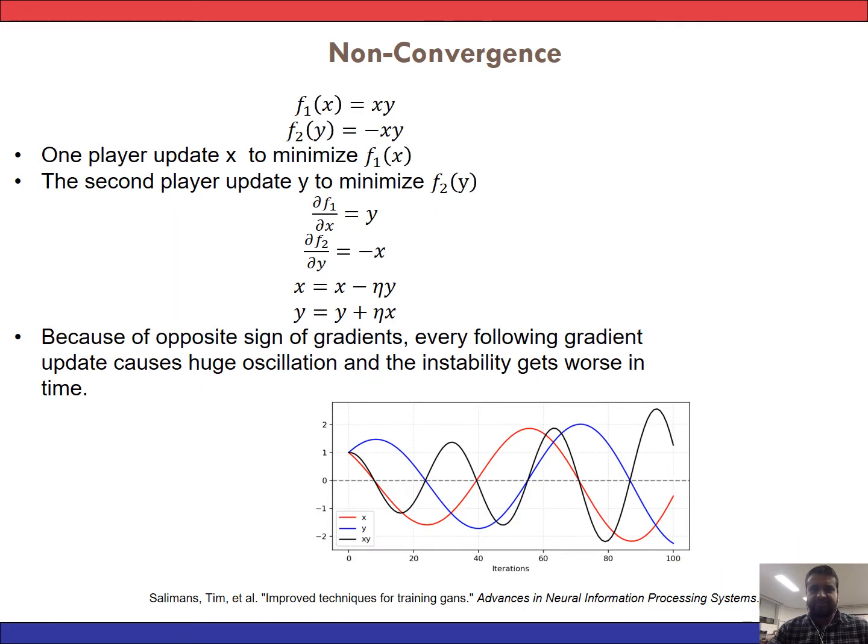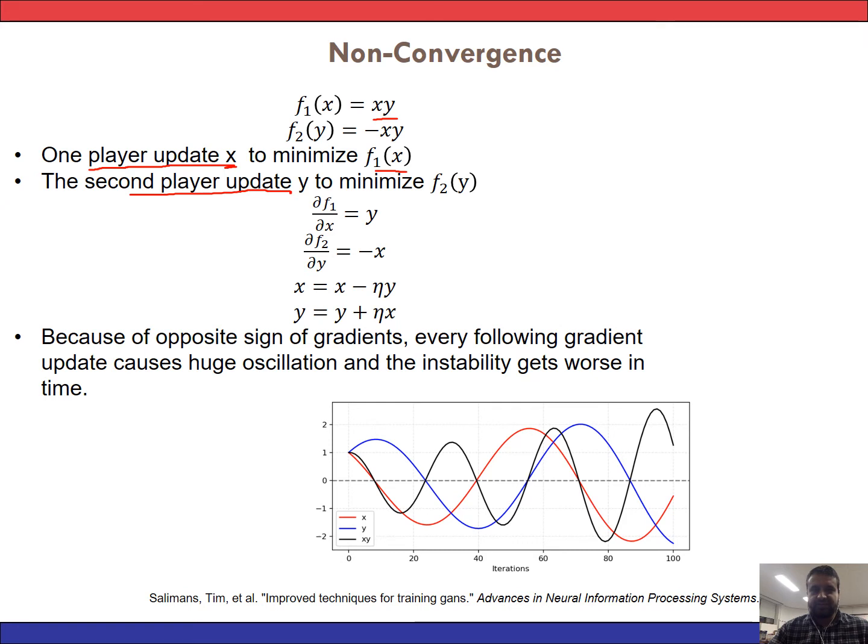For example, we have a function and we have two networks. The first network, or the first player, updates the value of x to minimize f1 of x, which is equal to xy. Similarly, the second network, or the second player, updates the parameter y. x and y are the variables here, and we want to find the optimal point for this function.